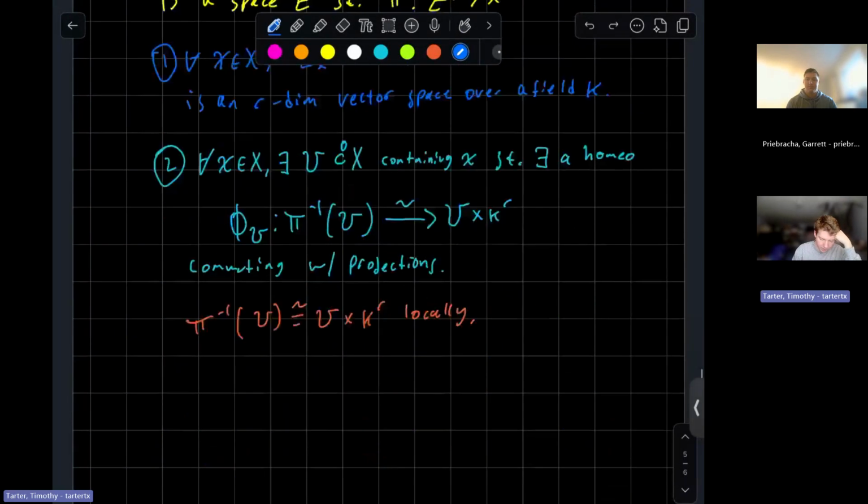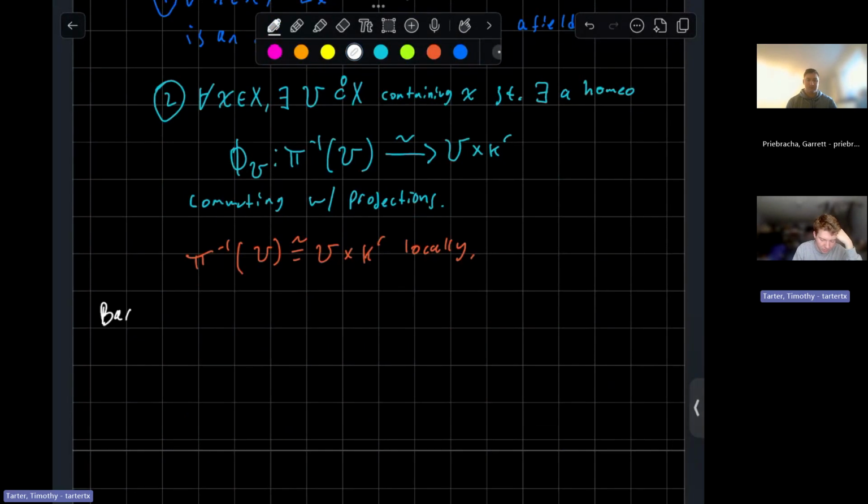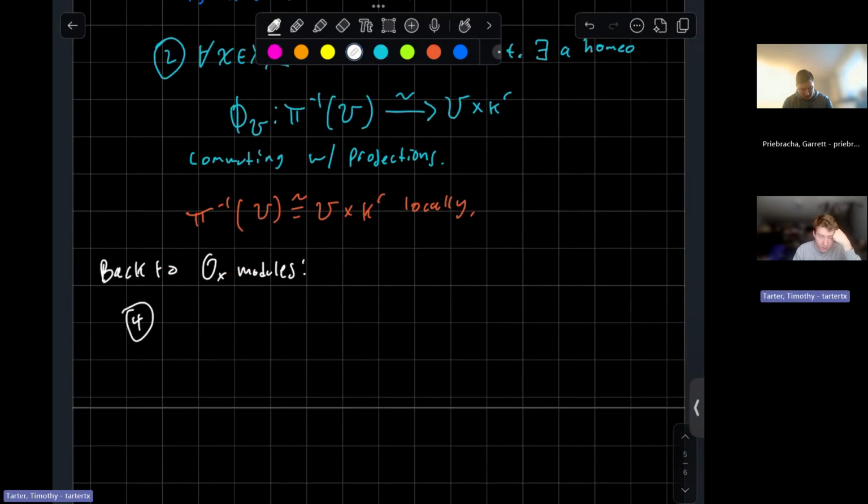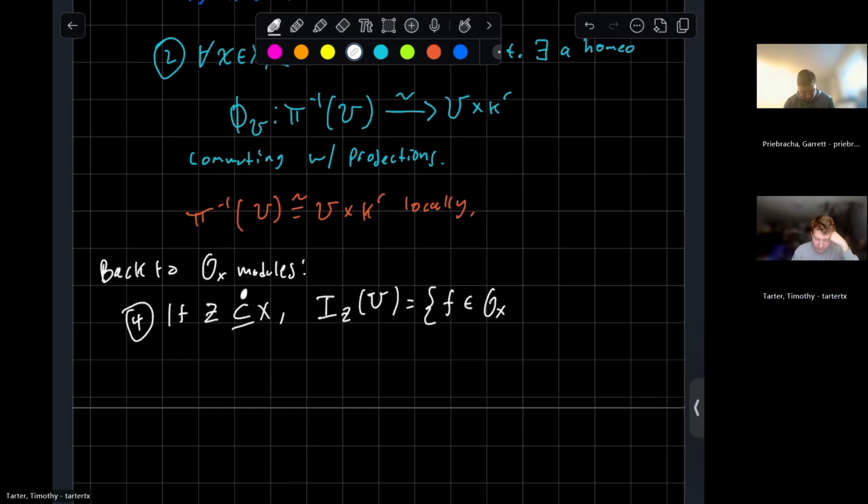So back to examples of OX modules. Fourth example is if Z is a closed subset of X, then the ideal generated by Z over U is the set of F in OX of U such that F restricted to Z is equal to 0.